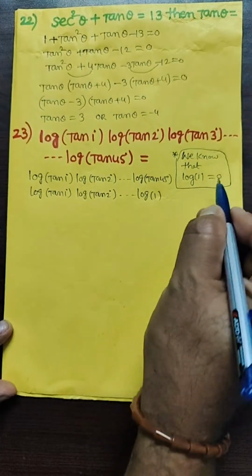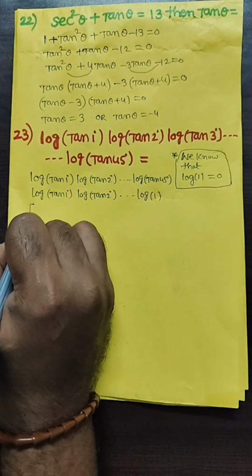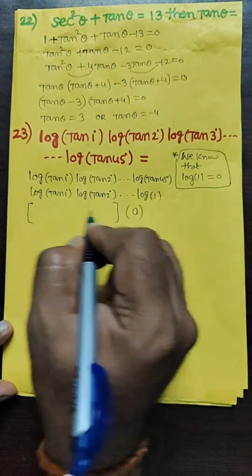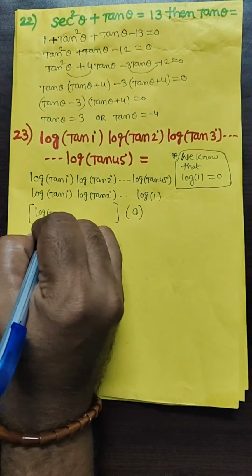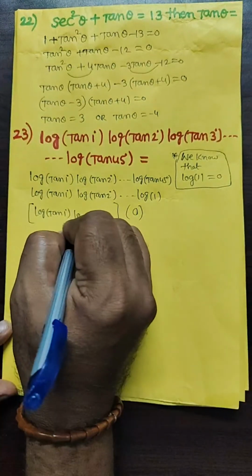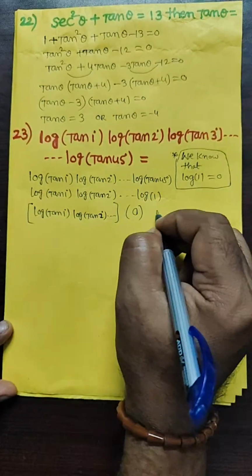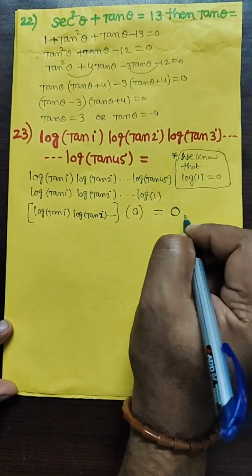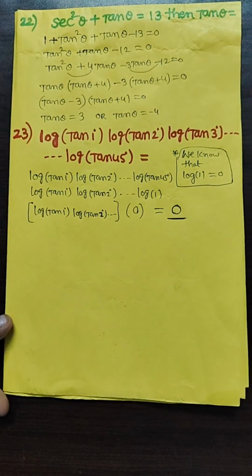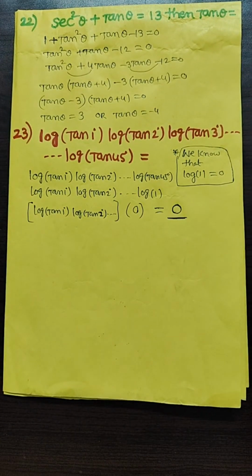So when log 1 is 0, 0 into anything is 0 only, no? So whatever the values we have, ultimately the answer is 0, dear students. Okay? We'll move to the next question.